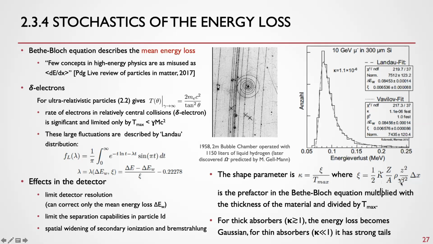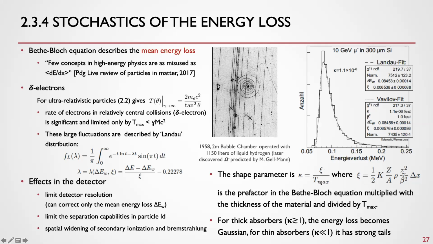That's all the factors in front of the Bethe-Bloch equation. This sets the scale of the size of the energy transfer, because that's the dimensionful quantity. And you multiply it with the thickness.